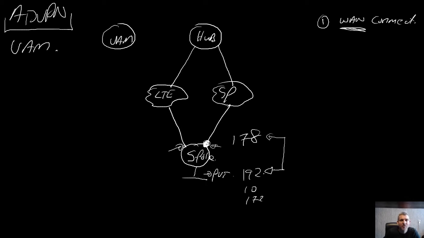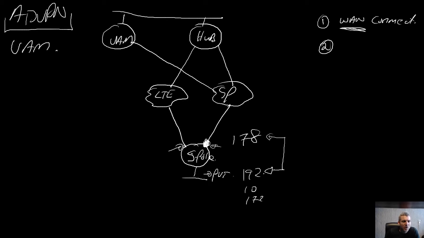Now if you look at the configuration, the second thing you need to know is that it's WAN connected. This guy has got to be routable somewhere along the line on the service provider. If he's not routable, there's no way this spoke can get to him via a WAN interface. That is very important. At the same time, you'll see that they will share an actual LAN interface. I'll show you with the configurations. There are reasons for that.